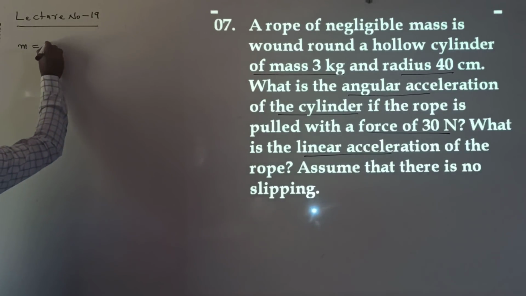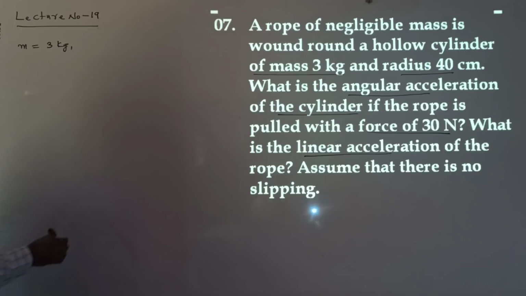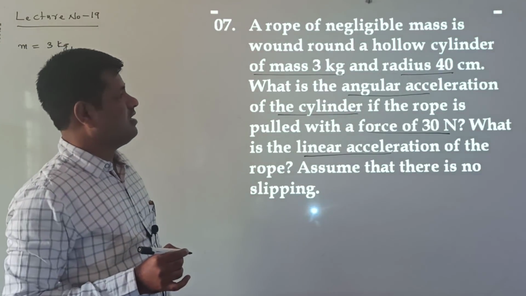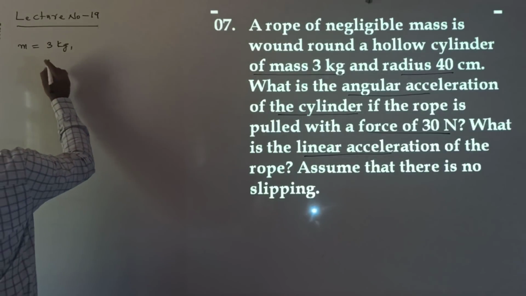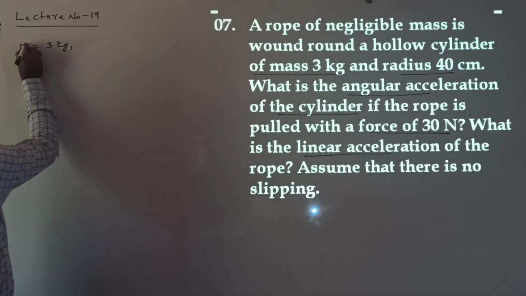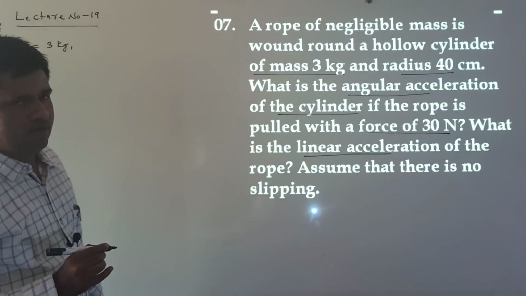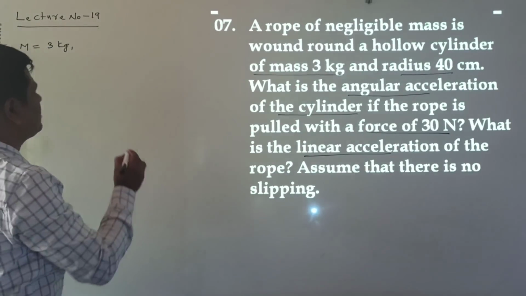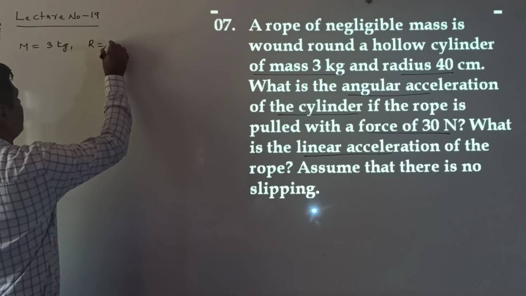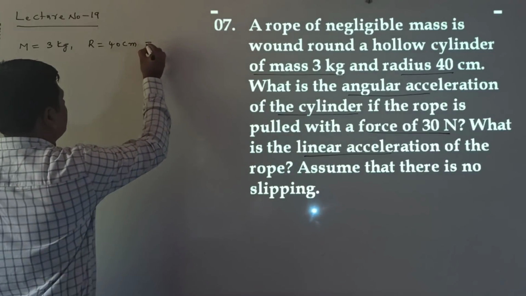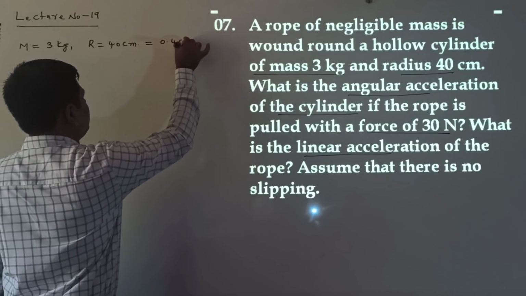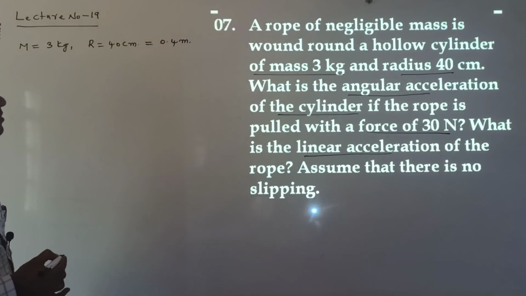Mass is given as 3 kg and radius is also given. The mass of the hollow cylinder I consider as capital M. Okay. Now the radius R is equal to 40 centimeter. 40 centimeter means 40 by 100 meters, that is 0.4 meters.